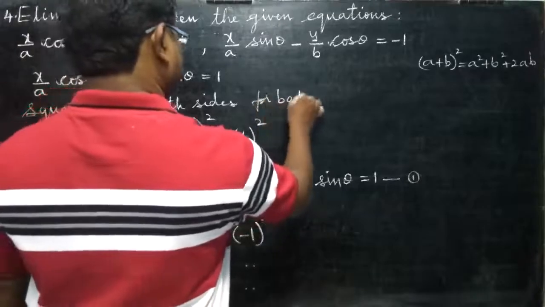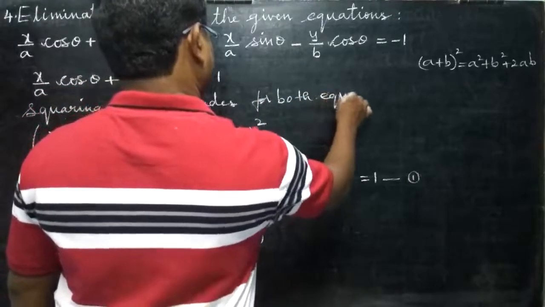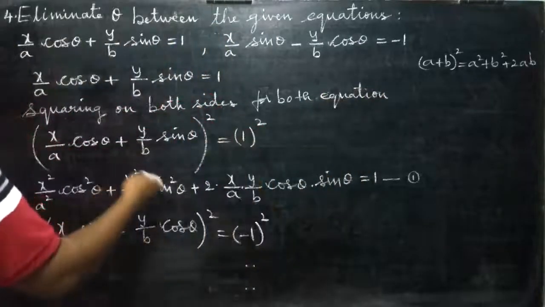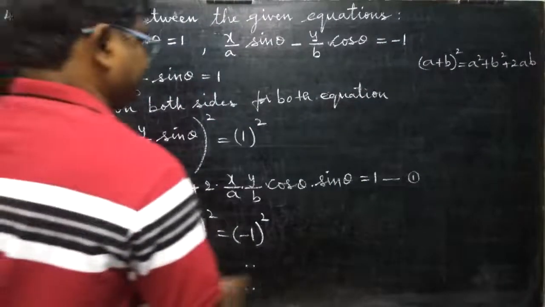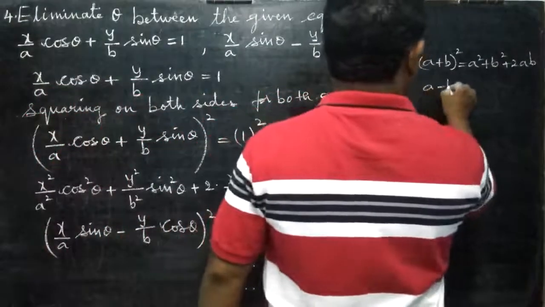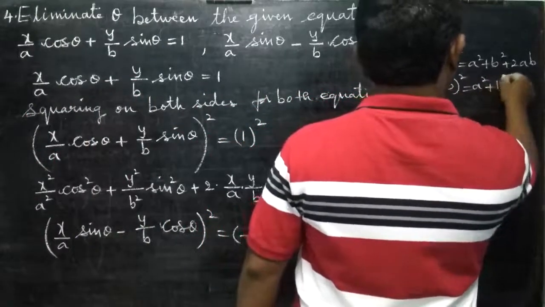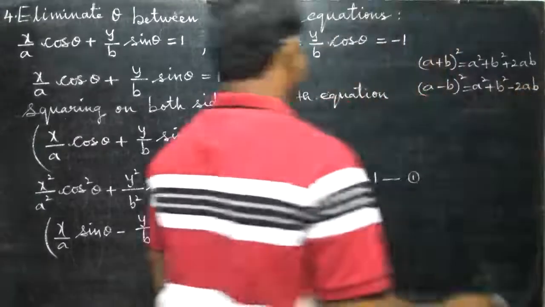The first equation we did the same thing, for the second equation also we are doing the same thing. But this is in the (a minus b) whole square formula, which is a square plus b square minus 2ab. Keep in mind minus 2ab.